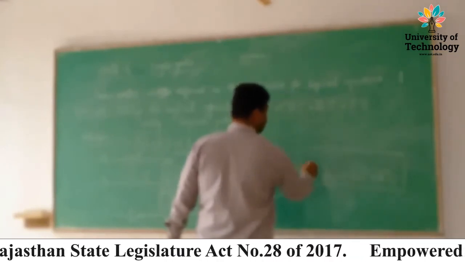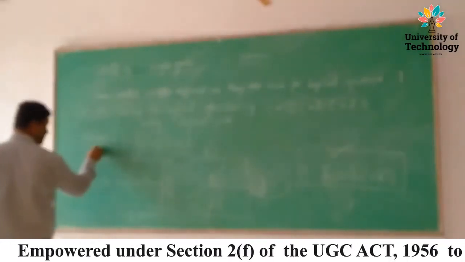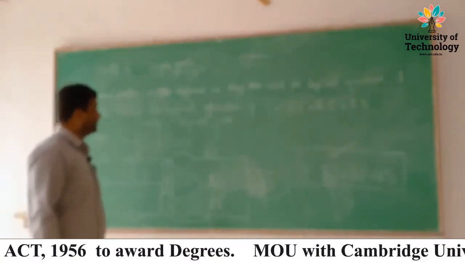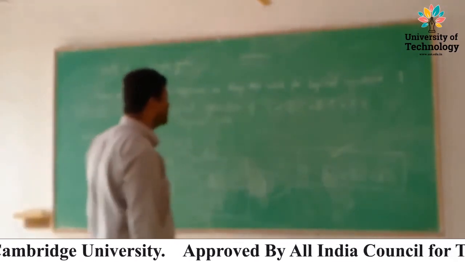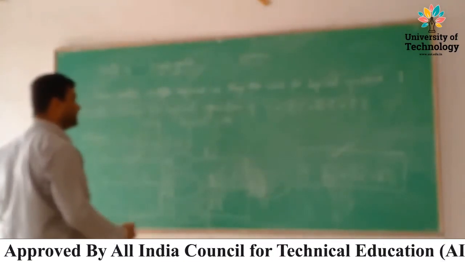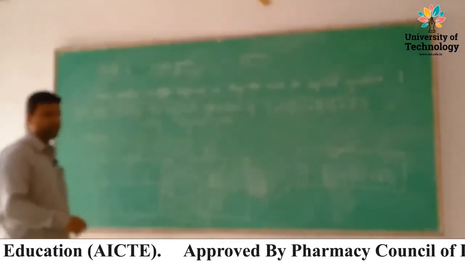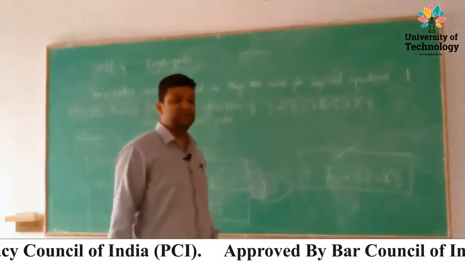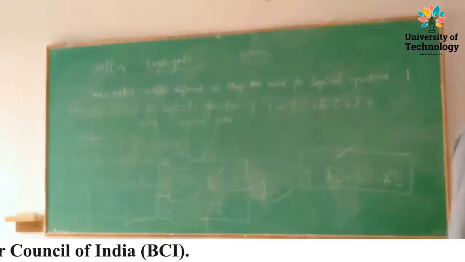This was our aim to obtain. Here we have realized this equation Y equal to B bar dot C bar plus A bar dot C bar plus A bar dot B bar. Now further we can realize other equations also. These equations will be in my next lecture. Thanks a lot.